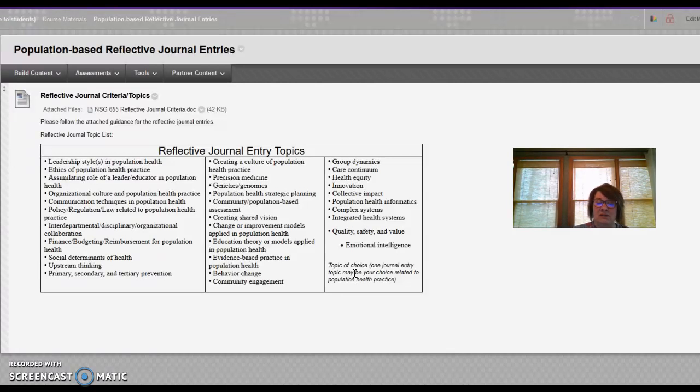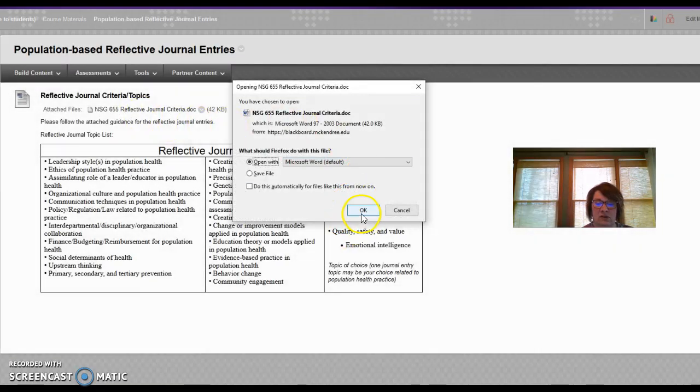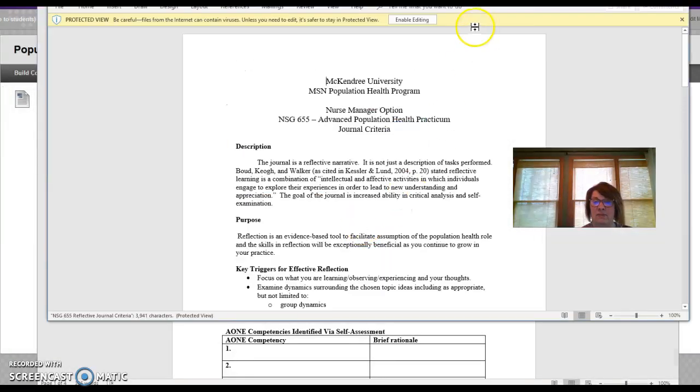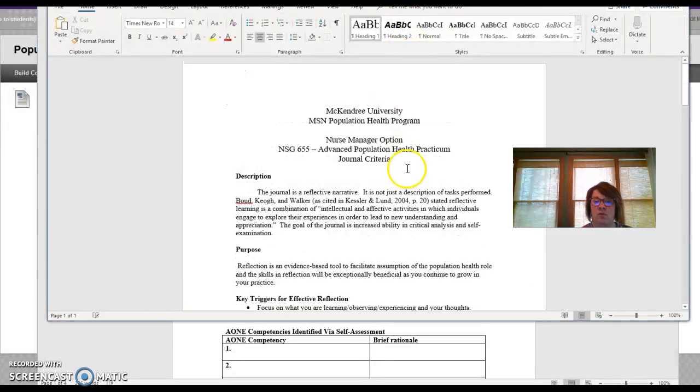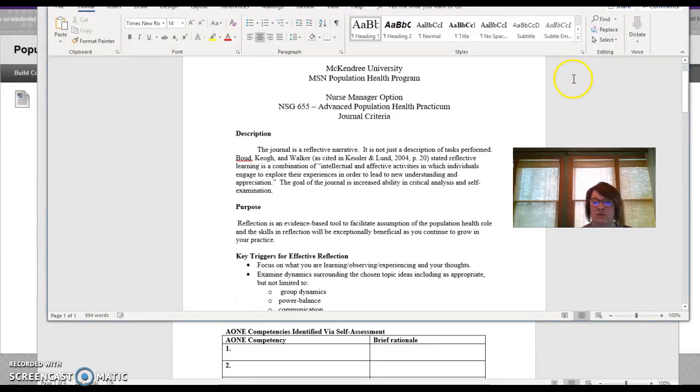Ultimately, this is very customized to you and your areas of interest, so keep that in mind as you choose your topics and gear your practicum experience to what your goals are.